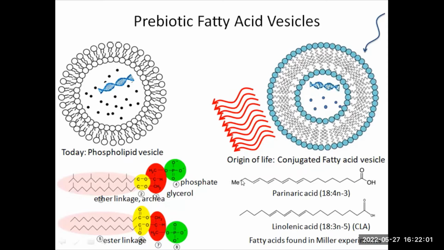So this is carbon atom 1, 2, 3. And then we start with this 4 double bonded series, conjugated series. And that's why this is the labeling of the acids: 18 carbon atoms long, 4 conjugated bonds, and it starts at 3 carbon atoms from the end.